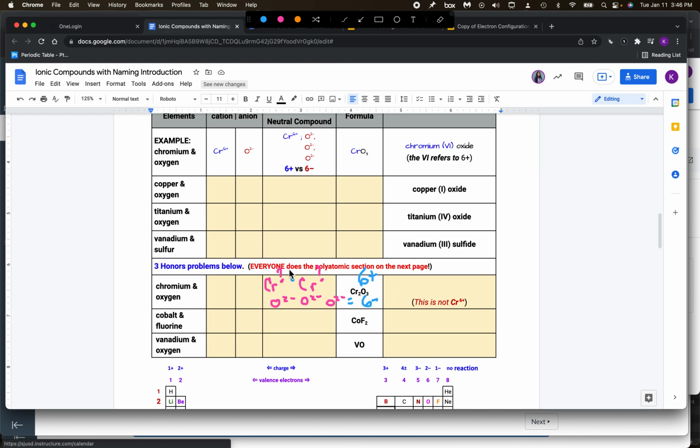So I want this to become 3 plus so that I get the chemical formula that says Cr2O3, and then if I wrote that, that would be chromium 3 oxide.